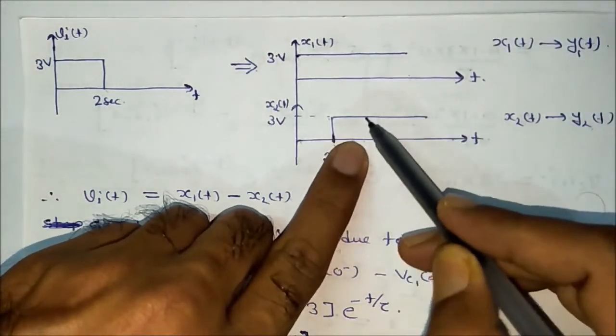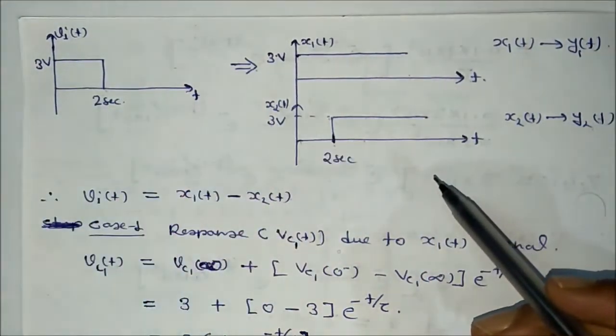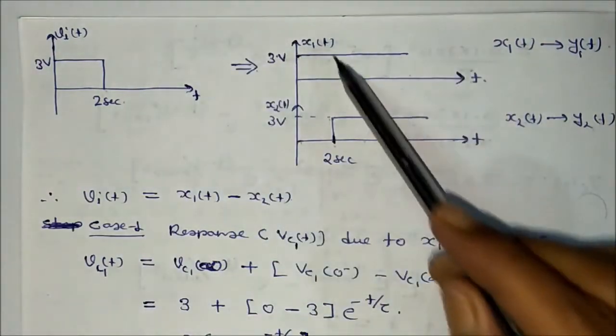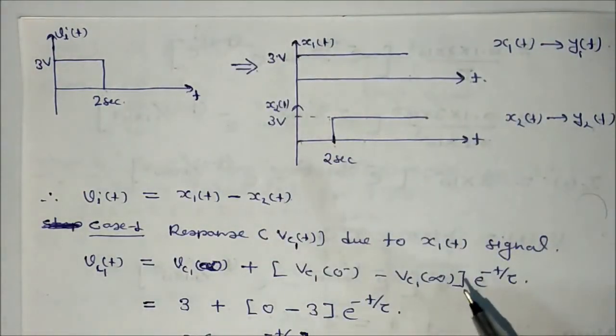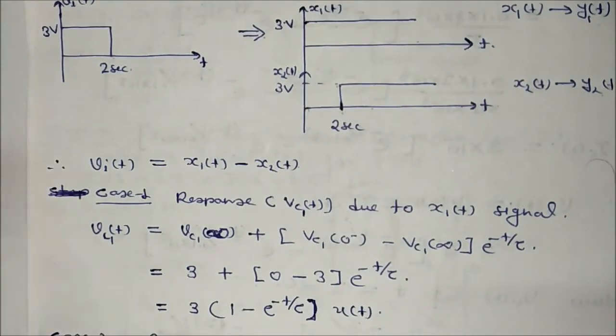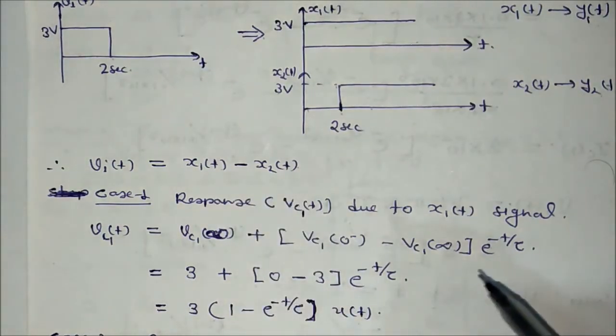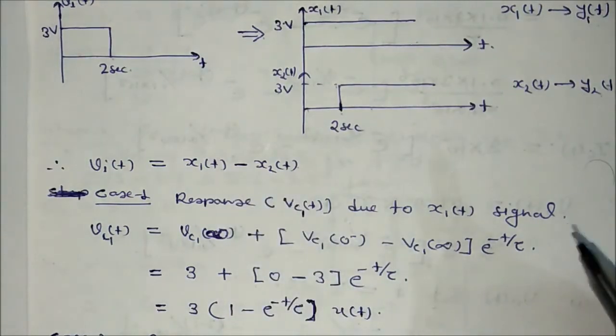This is 3 and this is 3, 3 minus 3 is equal to 0. That means this waveform can be split into two waveforms, x1t and x2t. So we can say that the input voltage is exactly equal to x1t minus x2t. Okay, so the responses will also be what?